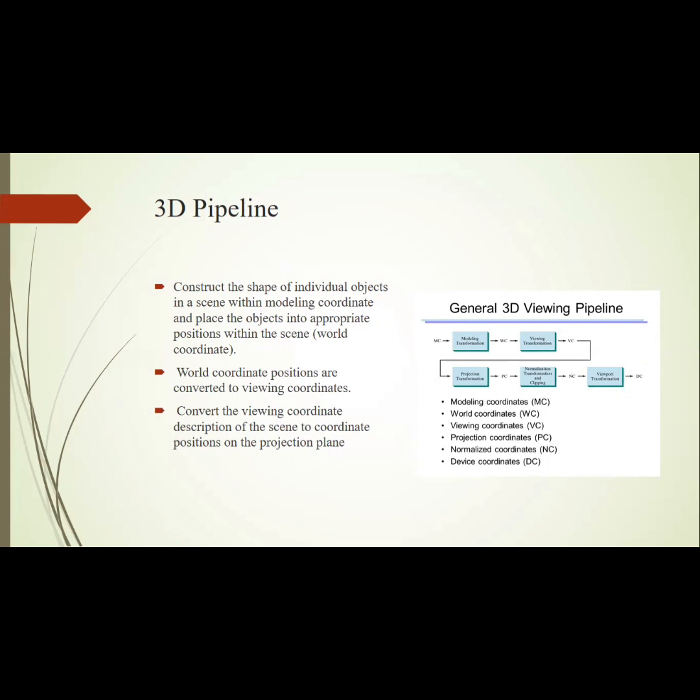Then the projection coordinates go to normalized coordinates by the clipping method, and the normalized coordinates are finally converted into device coordinates using the viewport transformation. So MC means modeling coordinates, WC means world coordinates, VC means viewing coordinates, PC projection coordinates, NC normalized coordinates, and DC device coordinates.